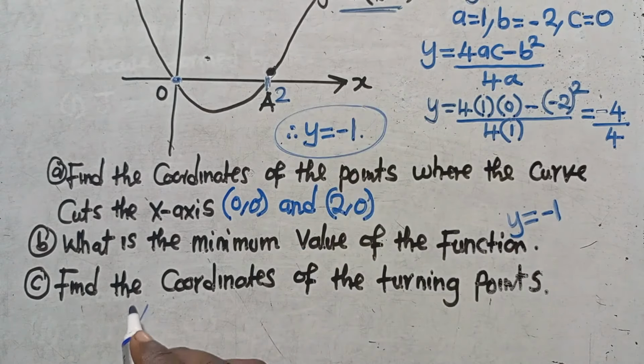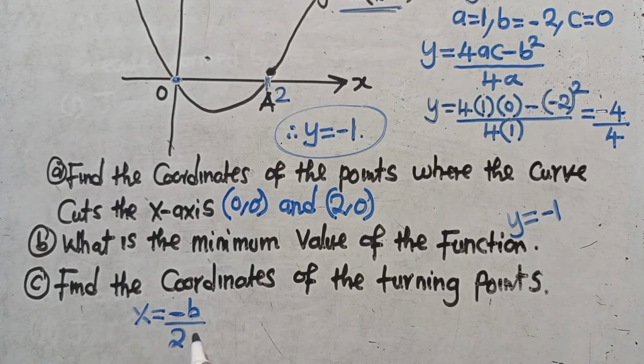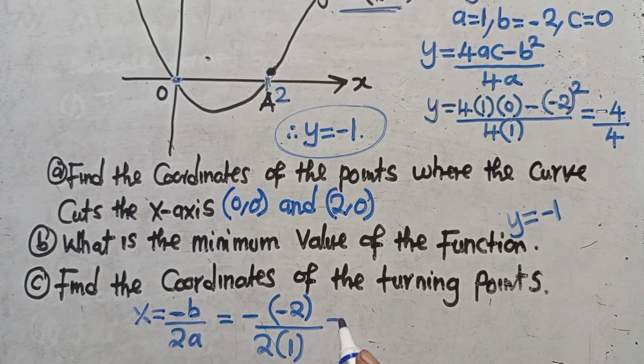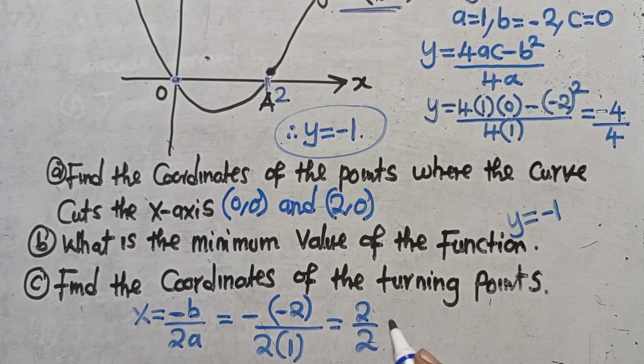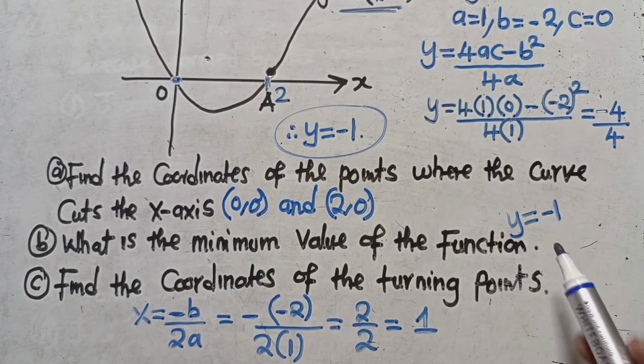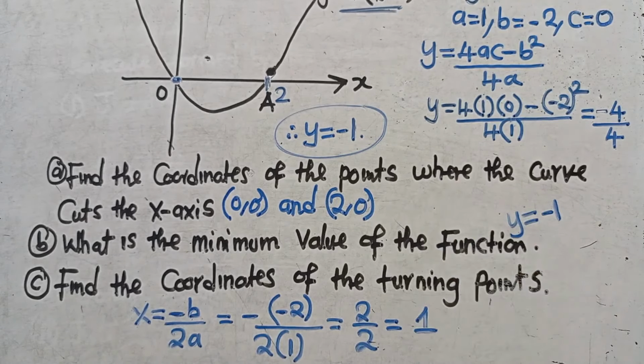We just need to find x. x is equal to negative b over 2a, where I'm going to say negative b, which is negative 2, over 2 times a, which is 1. So negative times negative, that is positive 2 over 2. Then finally the answer is 1. So I already have the value for y, and the value for x is this one.